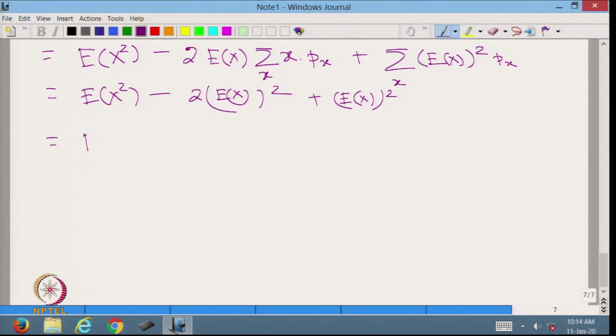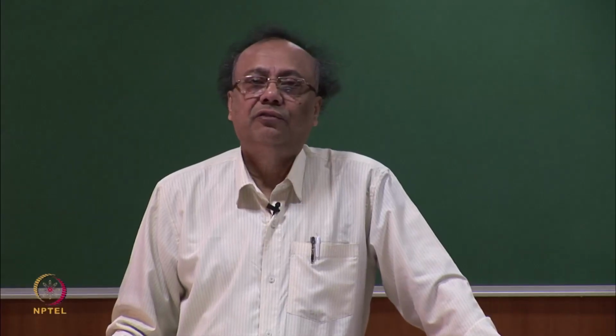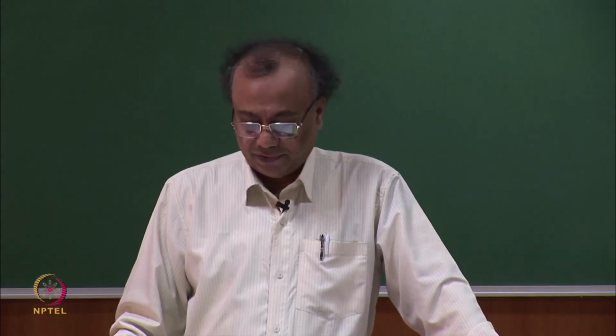This is equal to expected value of X square minus expected value of X whole square. This is a very convenient formula for computing variance.